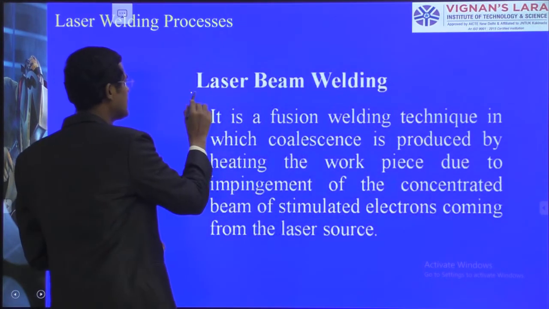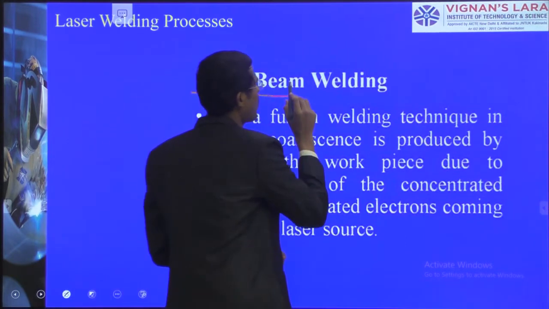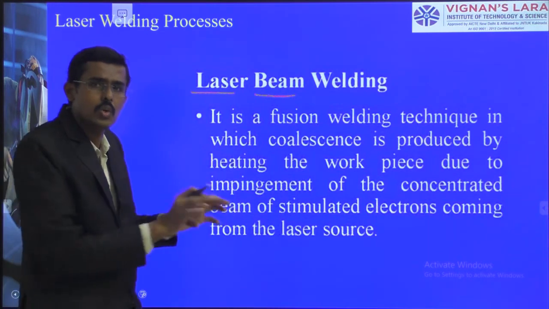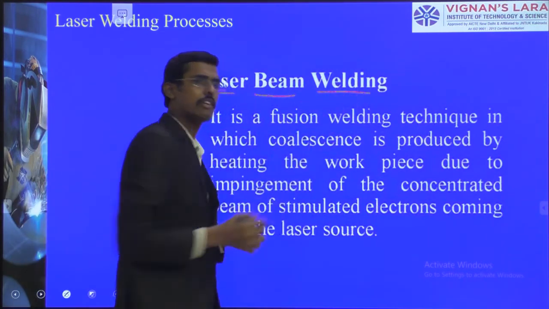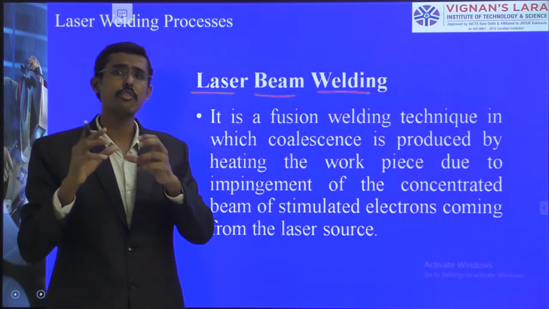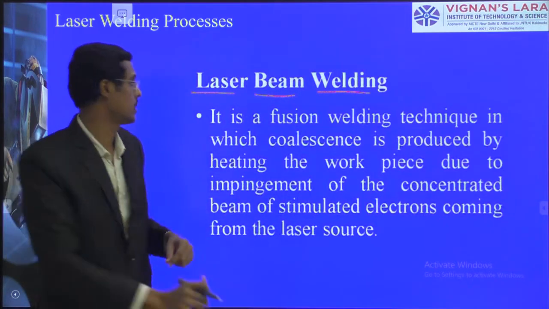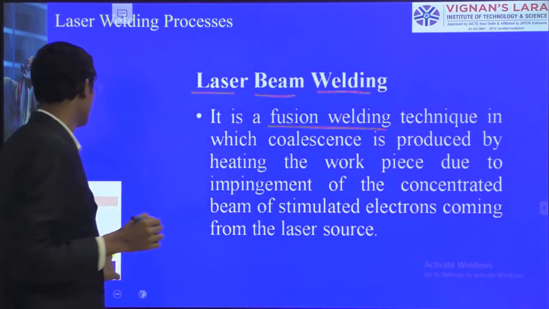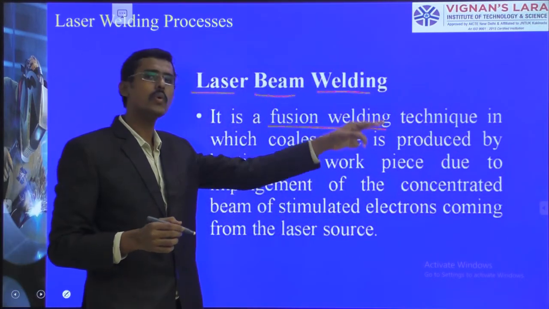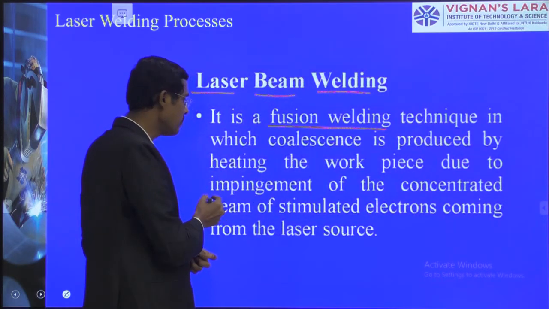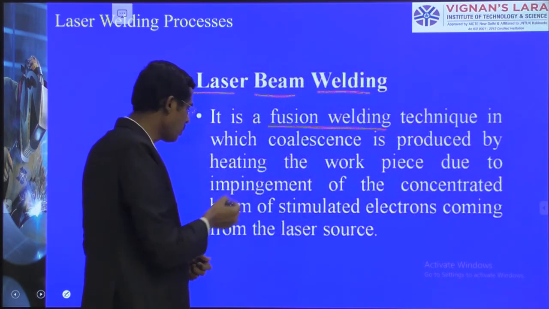Now, we come to the laser. The laser beam is passed over the specimen, and the material may be vaporized or melted to cause the welding. Therefore, I am not calling it solid state joining; I am calling it fusion welding. Melting happens there. So it is a fusion welding method in which coalescence is produced by heating the workpieces due to impingement of a concentrated beam.